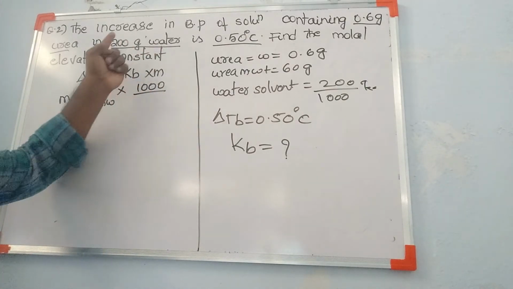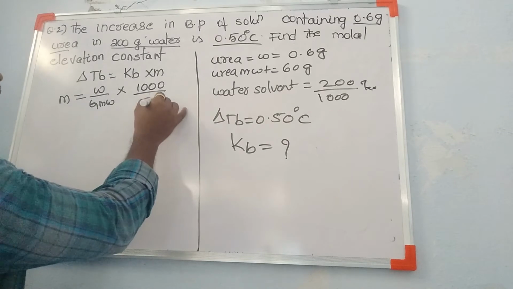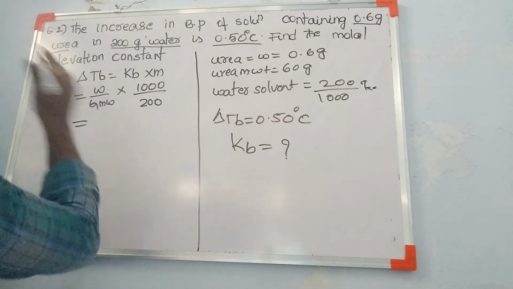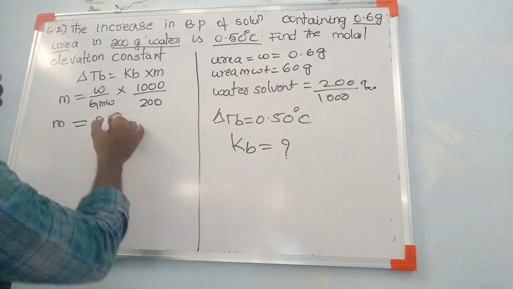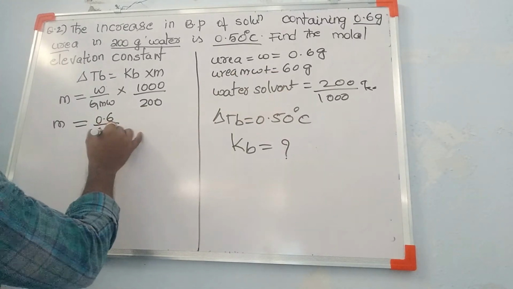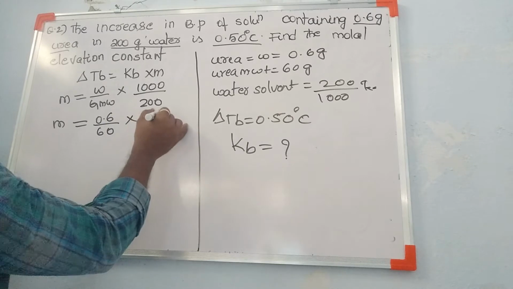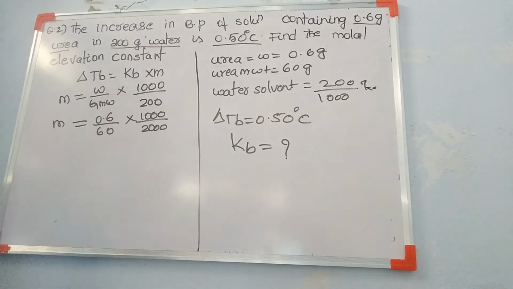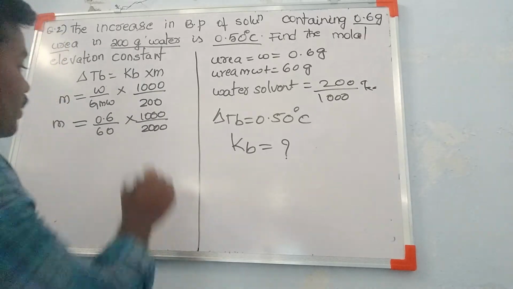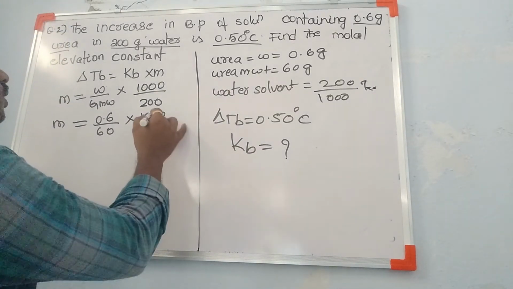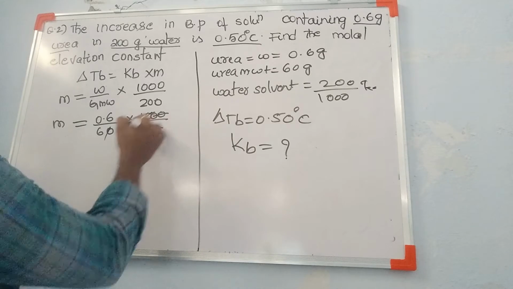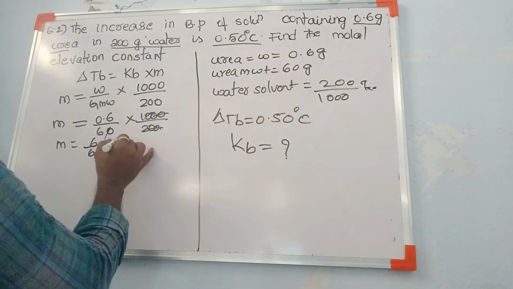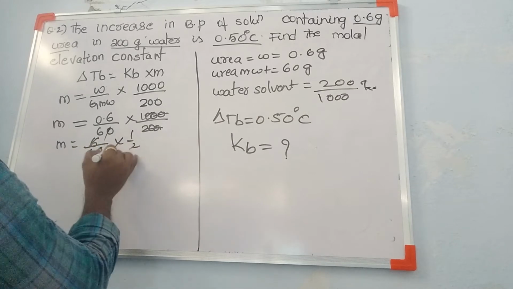Water is our solvent, 200 grams. The weight of urea given in the question is 0.6 gram, and the gram molecular weight is 60. First we find the molality, then substitute it in this to get the elevation in boiling point. So 60 gets cancelled, and m equals 6 by 60 into 1 by 2.